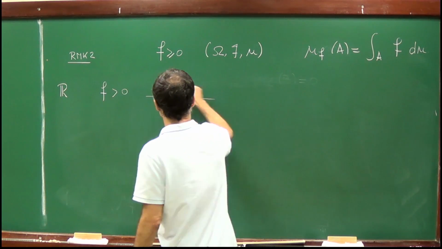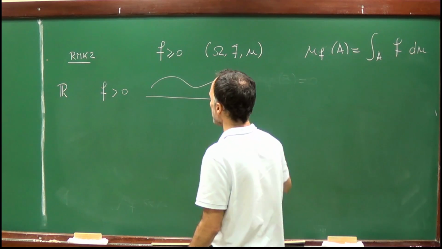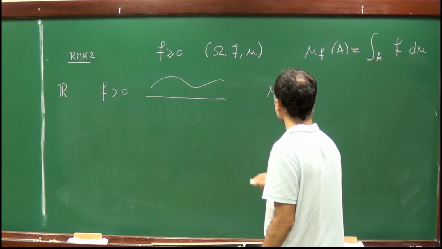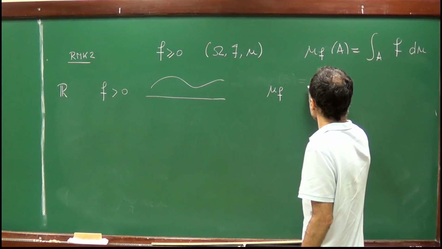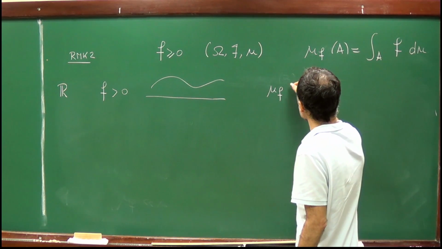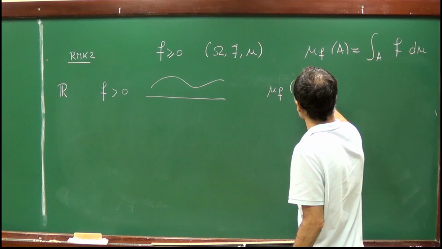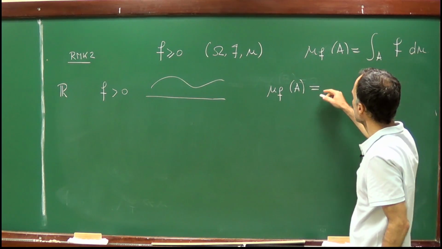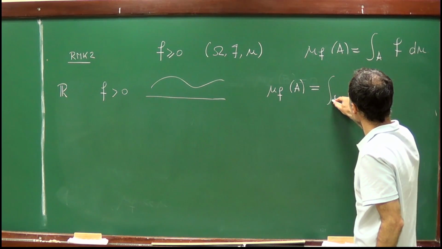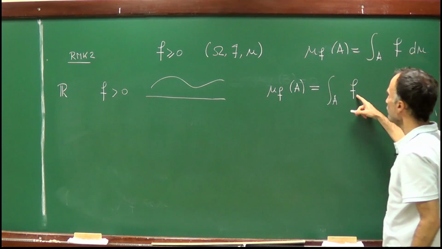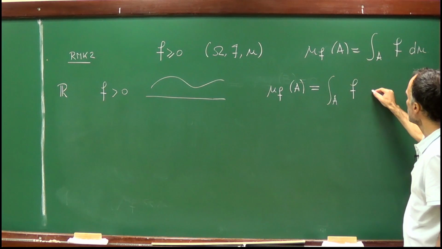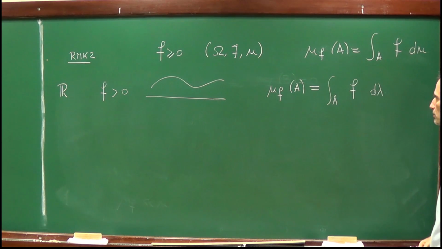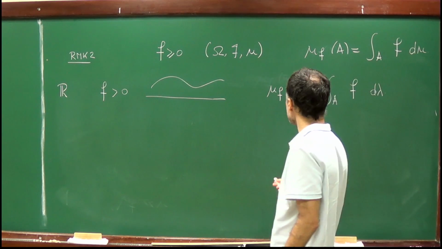So you have here your function f, and I will consider the measure mu f, which gives to the set A the measure, the integral of f on A with respect to the Lebesgue measure that we constructed. And then this is one.